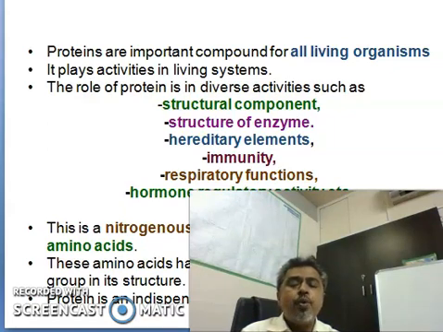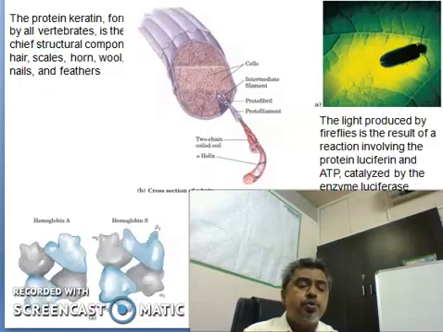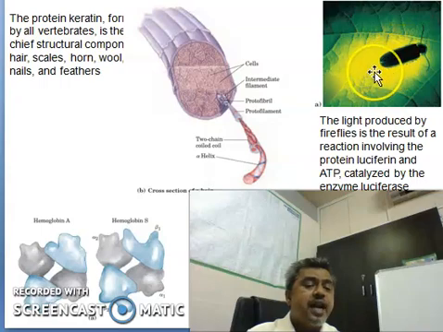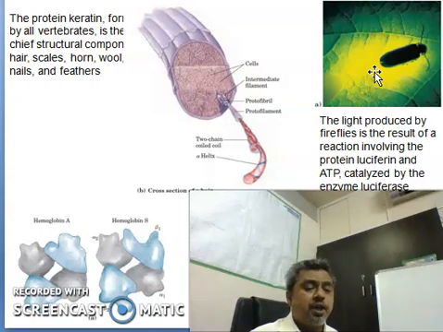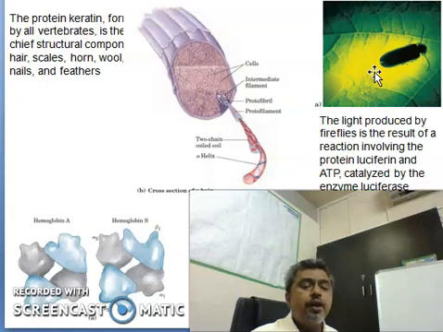Where is protein found in nature? I will show you certain pictures in the next slide. Keratin is the chief component of hair, scale, horn, wall, nail and feathers in all vertebrates. Here in the pictures is an insect, the light-producing firefly. The reaction involves a protein called luciferin, and at night you will find certain lights behind the insect.